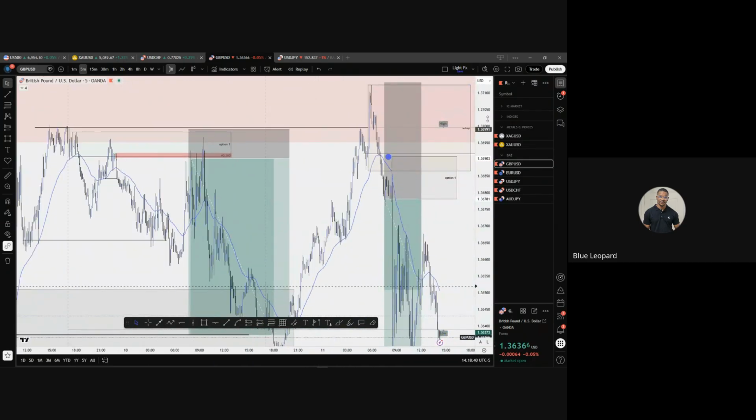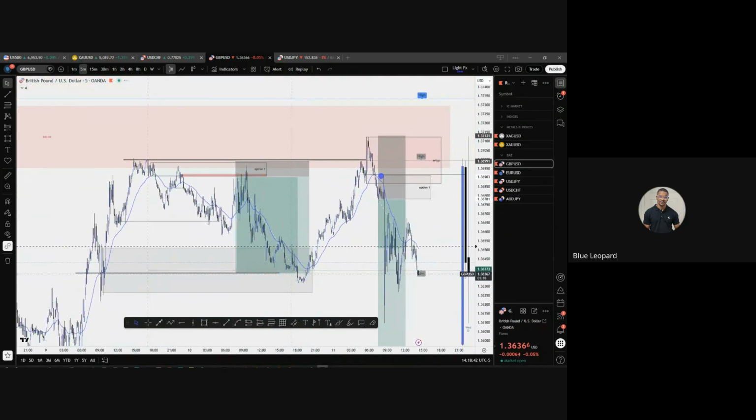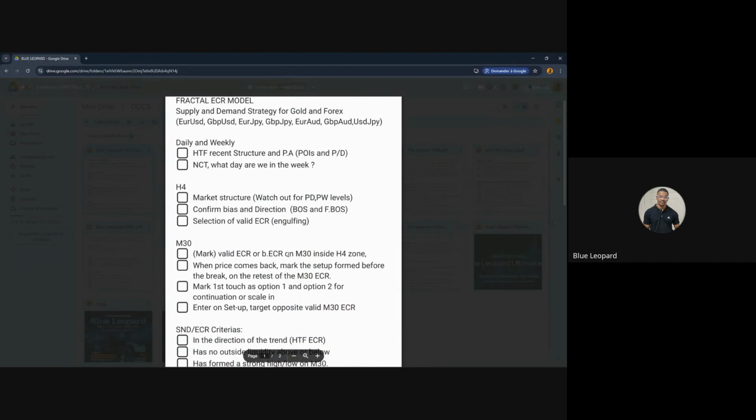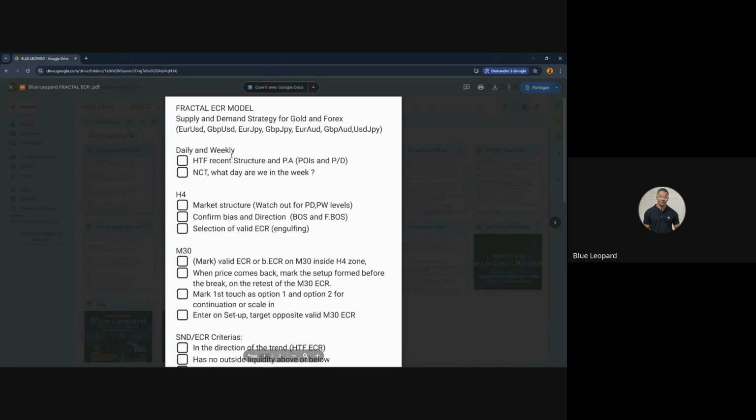So this is the strategy I was talking about. You have the old checklist here. You know how to anticipate the daily and the weekly. I gave you the inside bar, the engulfing bar, and the next candle theory, telling you when to expect a buy or a sell according to how the candle closed compared to the previous candle.